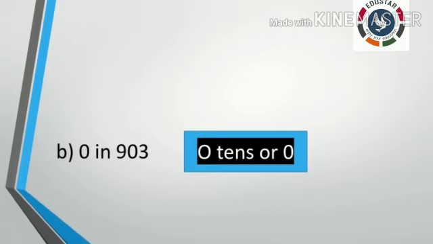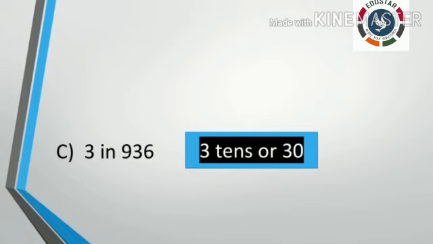So you can write 0 tenths or 0. Both the answers are correct. Whatever you want to write, you can write. Okay. Shall we see the next sum? See the sum for you. 3 in 936. What is your answer? The place value of 3 is 3 tenths or 30. Whatever answer you want, you can write. Okay, my dear? You understood?